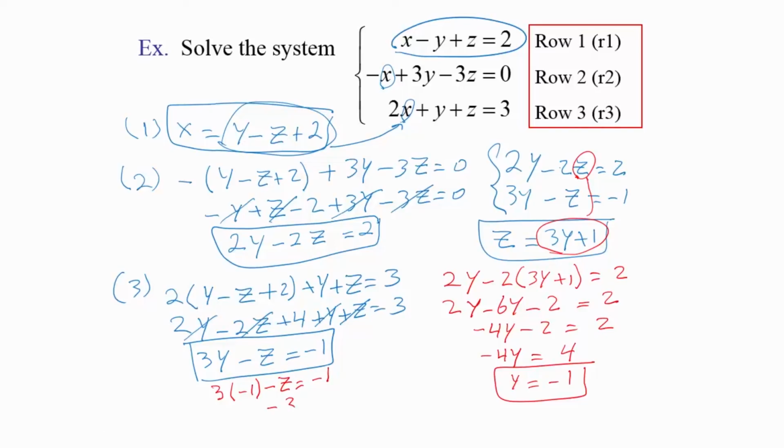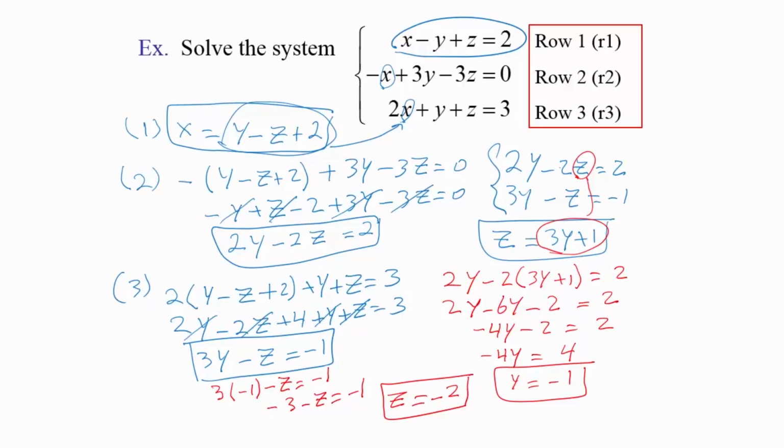So minus 3 minus z equal minus 1. Therefore, bring z to the left hand side, then minus 1 to this side, z would be minus 2. Z is equal to minus 2.